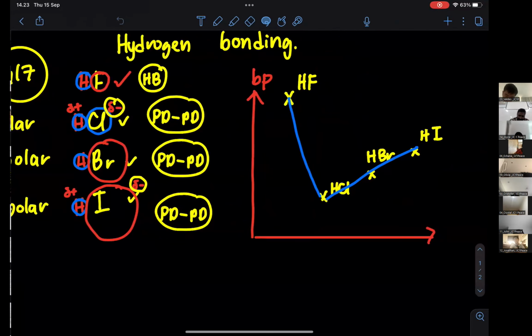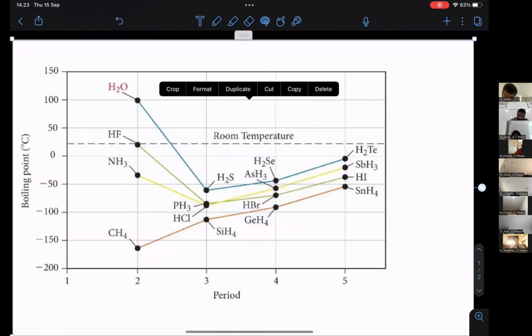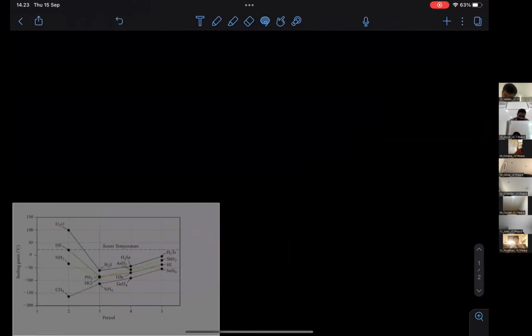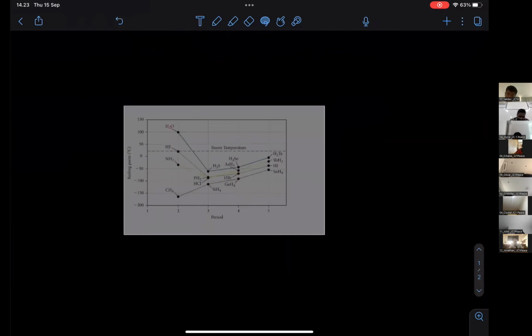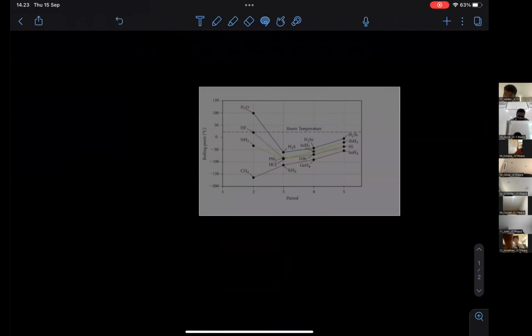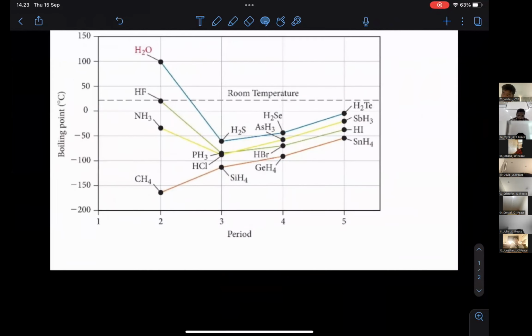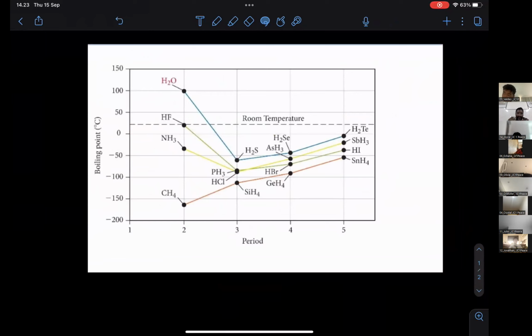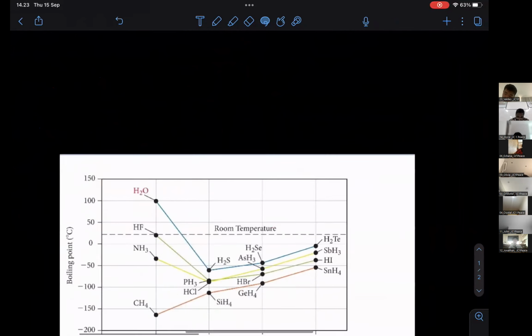If I put this over here, what you can see is a graph that extends what I just showed you, the graph for HF, HCl, HBr, and HI.